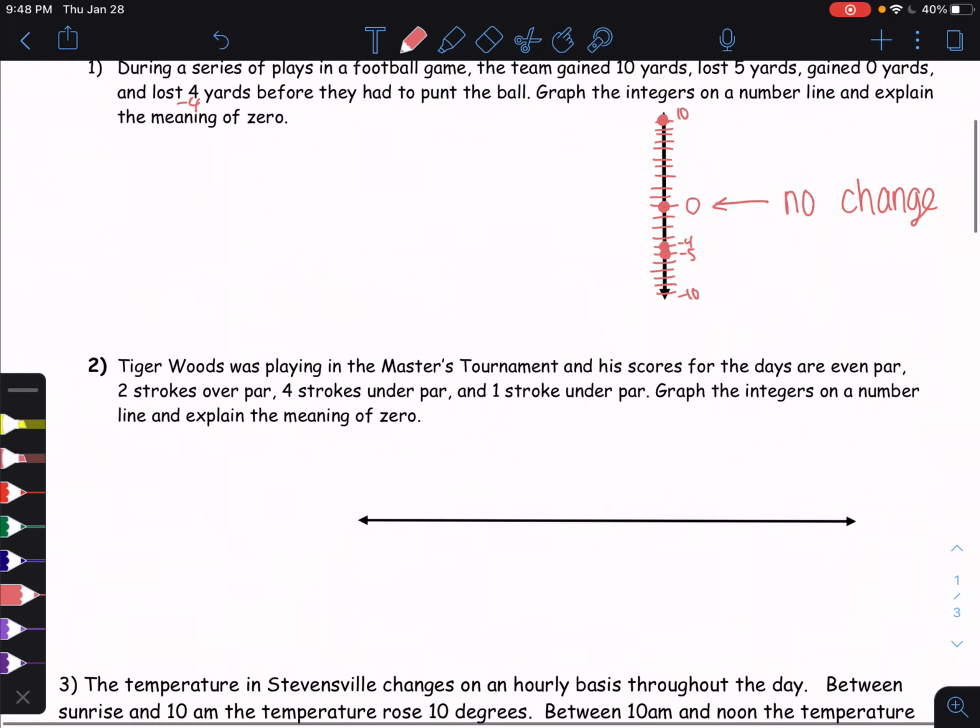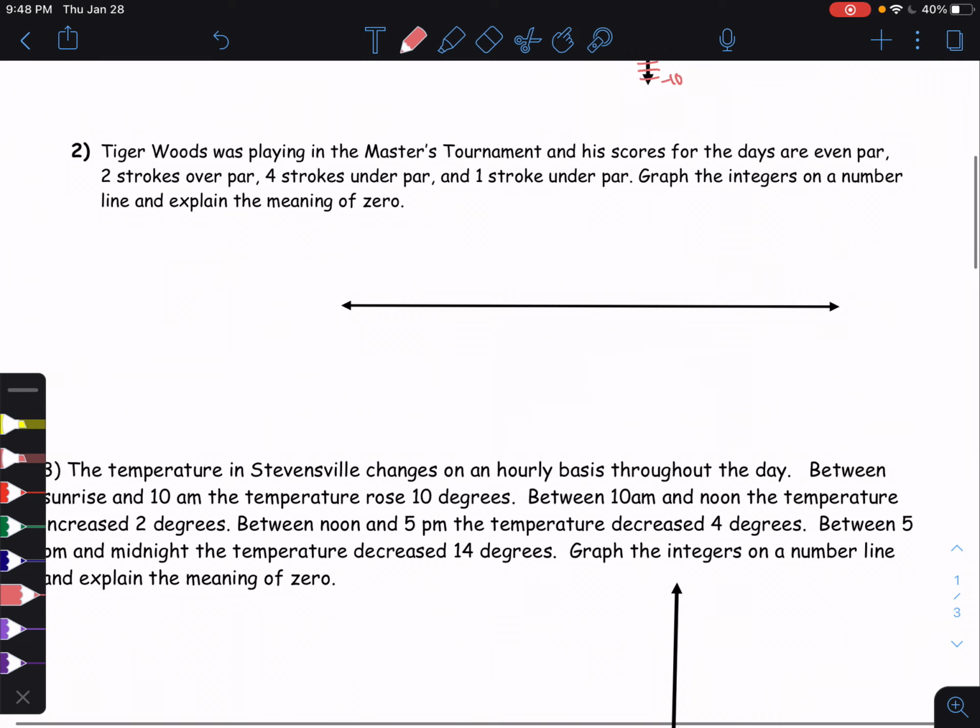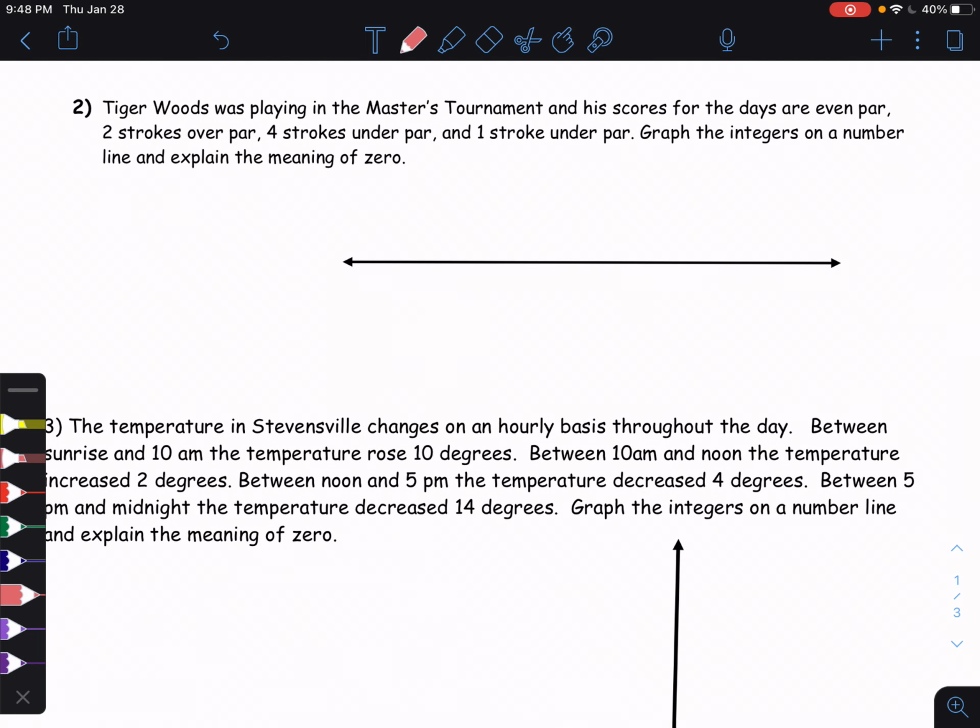In number 2, Tiger Woods was playing the Masters tournament, and his scores for the day are an even par. Remember that par is even. Even means that we're at 0. 2 strokes over par is going to be a positive 2. 4 strokes under par is going to be a negative 4. And then 1 stroke under par is going to be a negative 1.